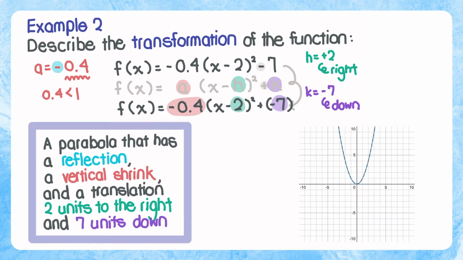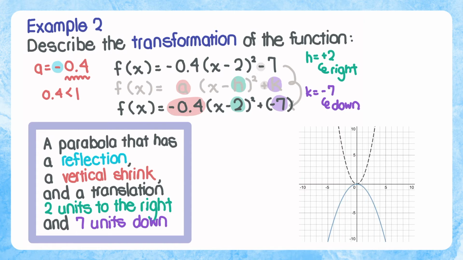So let's look at each effect. We start at our parent function, y equals x squared. And our first effect is the reflection. Notice how the parabola flips over.